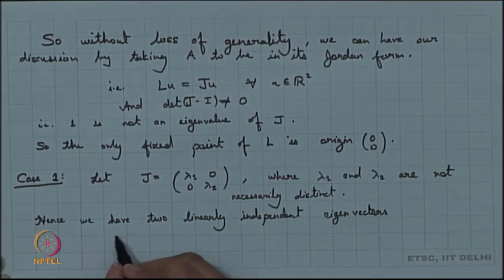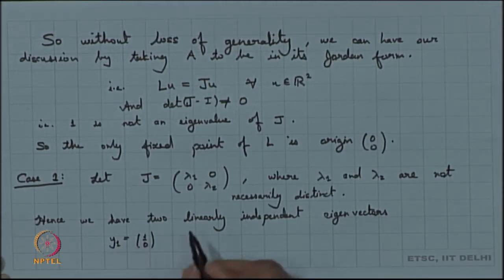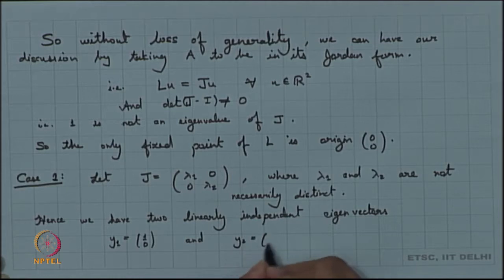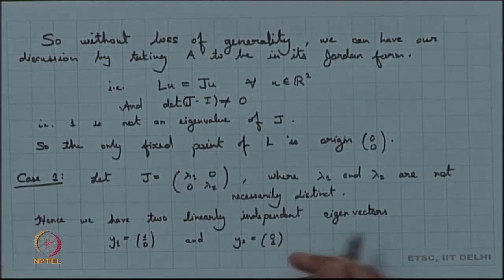Let us name these eigenvectors. I am calling this y1, which is 1 0, an eigenvector for lambda 1, and we have y2, which is 0 1, an eigenvector for lambda 2. So, we have these two linearly independent eigenvectors y1 and y2.